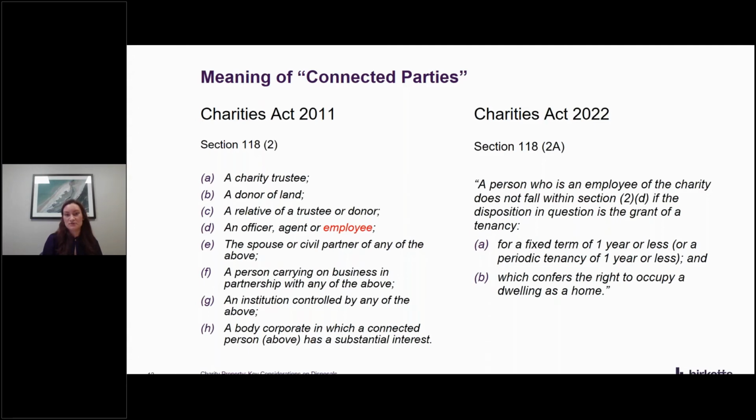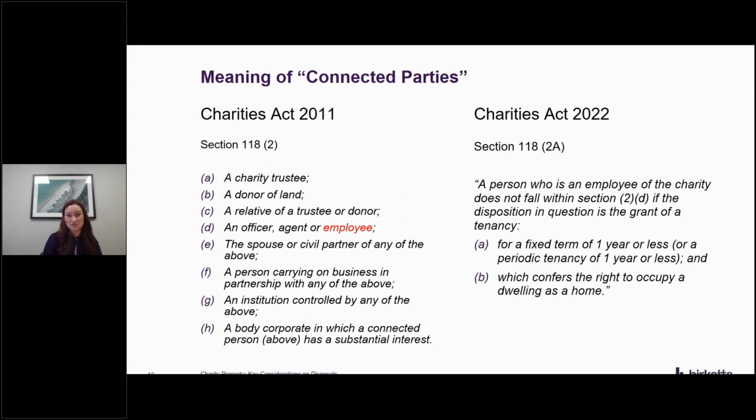And the 2022 Act adds a new subclause to A, which specifies that an employee of the charity who's taking a short-term residential tenancy, so an AST or a periodic tenancy of 1 year or less, doesn't fall foul of the connected parties restriction, and so you wouldn't need to obtain Charity Commission consent or an order of the court to make that disposal, as long as the AST or property is being used as their home.